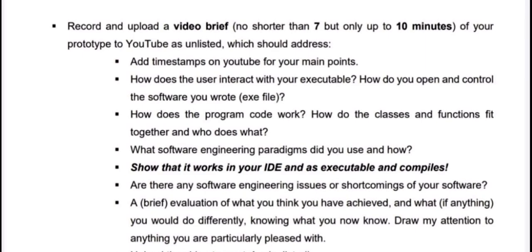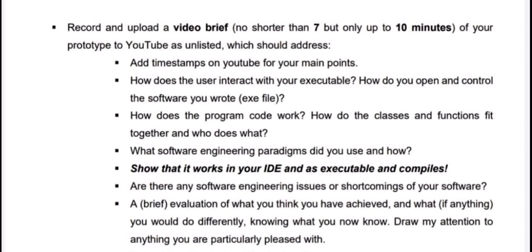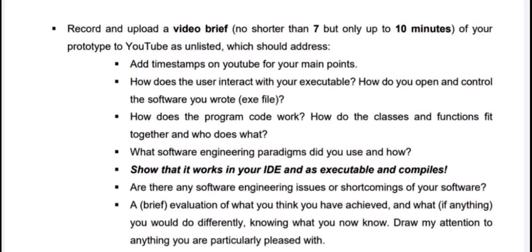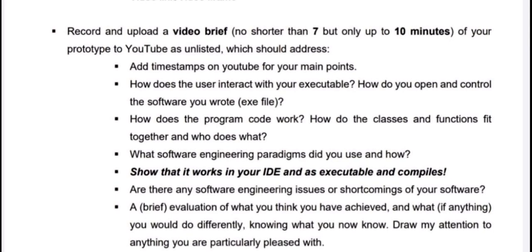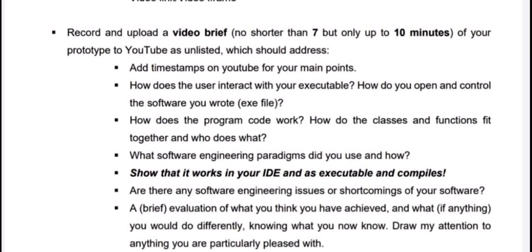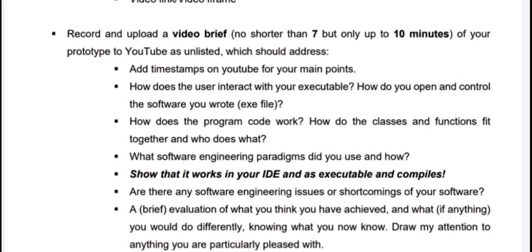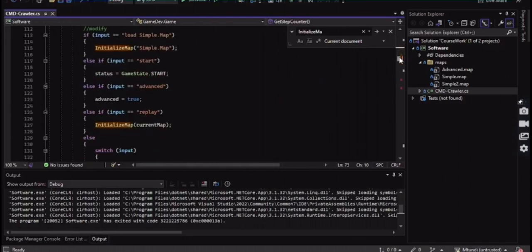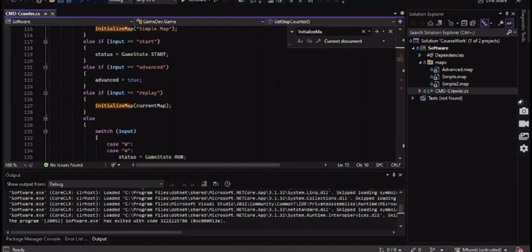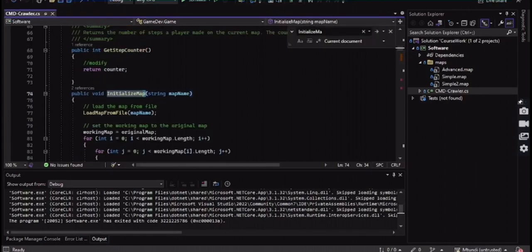Another paradigm that I have used in the project is the procedural paradigm, which is the way of organizing and structuring code by breaking it up into small reusable procedures. So you can see the initialize map, the load map from file method is an example of procedural programming as it loads the map from a file and returns the data.